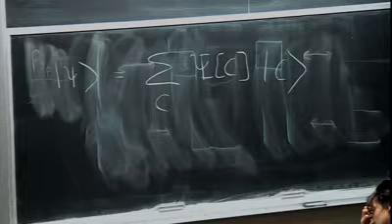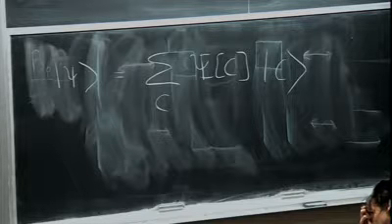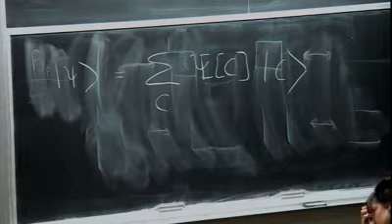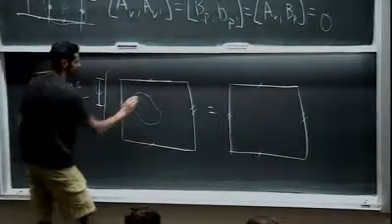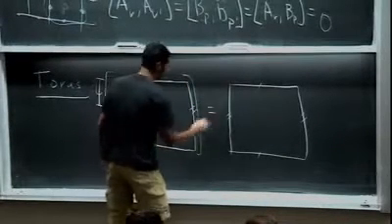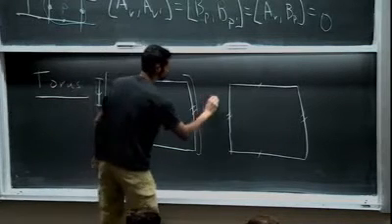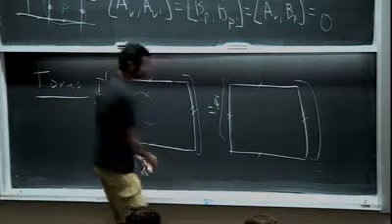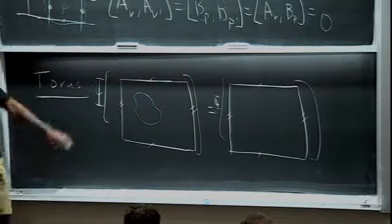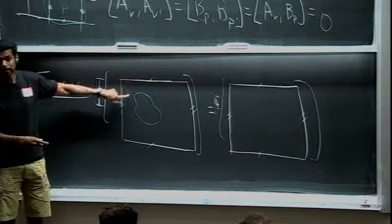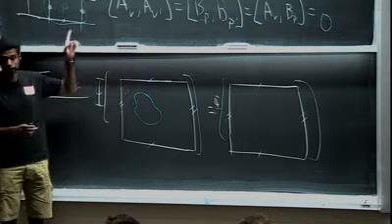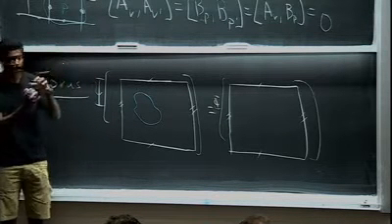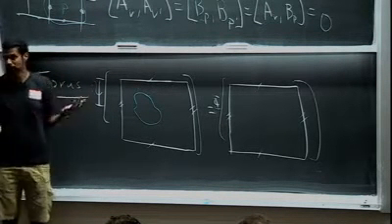An empty picture. So this really means psi evaluated on this is equal to psi evaluated on this. Again, just to repeat, any contractible loop on the torus, I can use the first relation to shrink it down, then use the second relation to erase it.